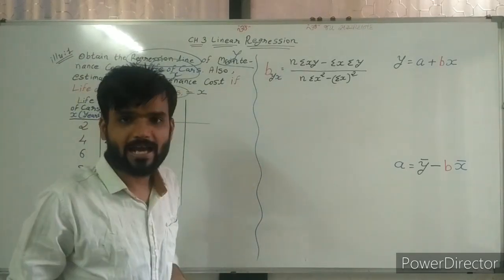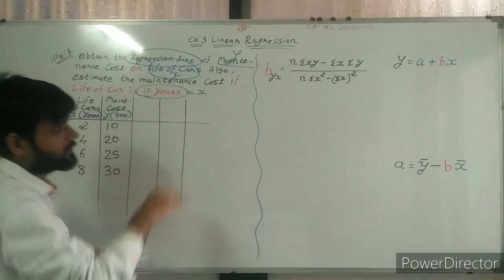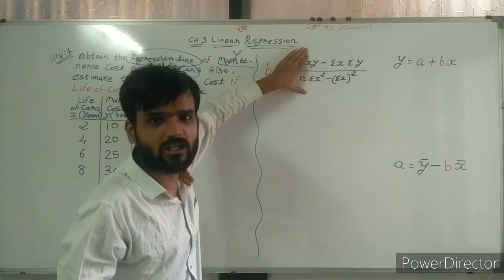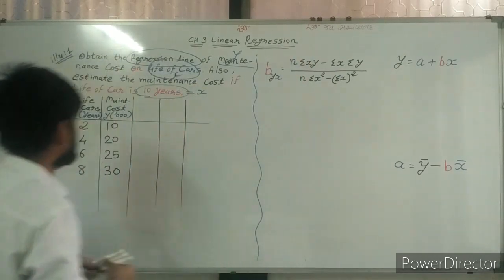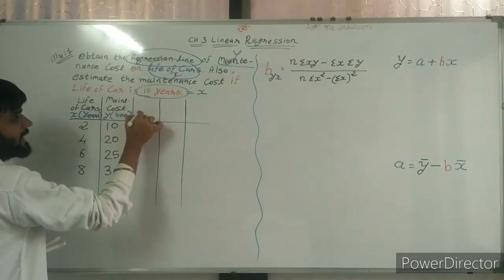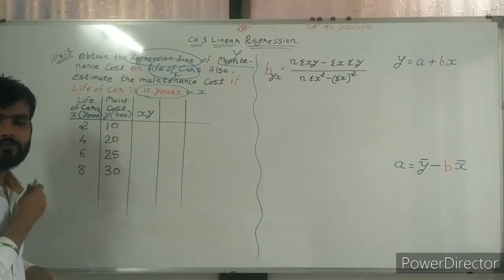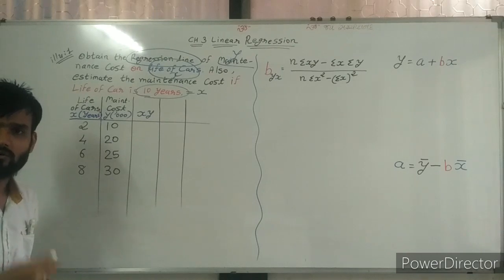Same way, we need sigma xy. For that, don't see sigma yet. First we need the multiplication of x and y.